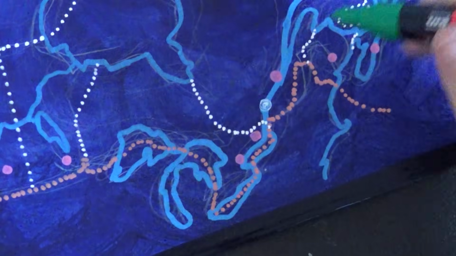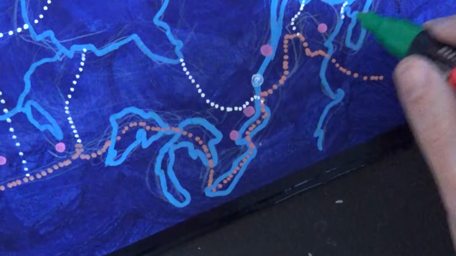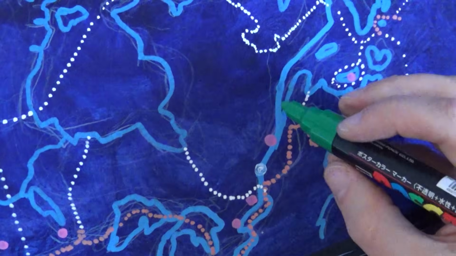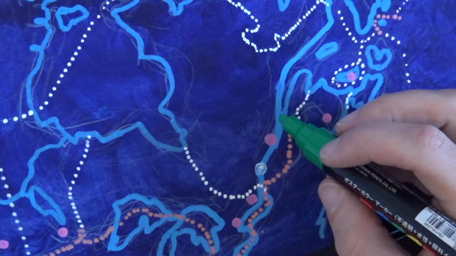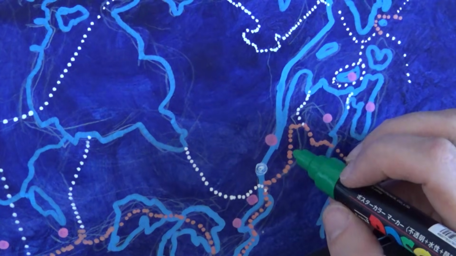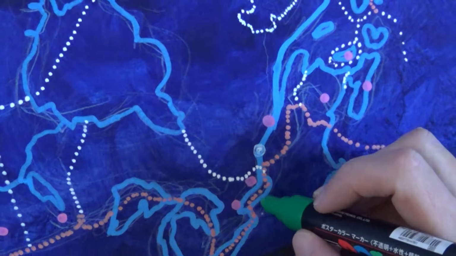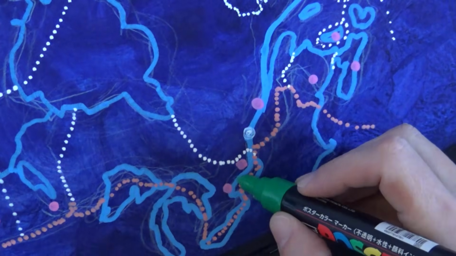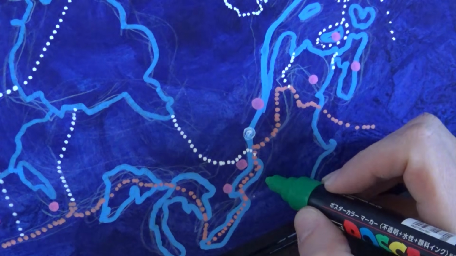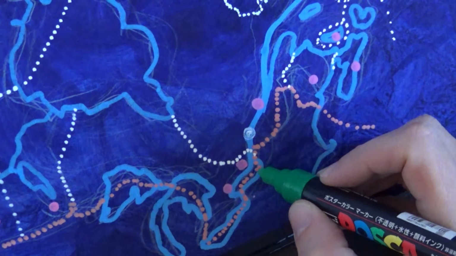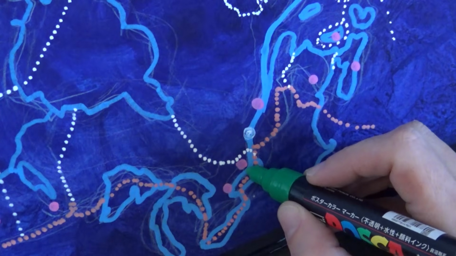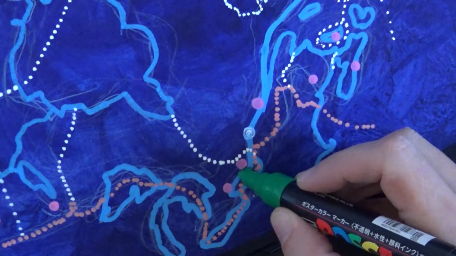I'll show you one national park to the east as well. We have Thousand Islands National Park in Ontario. Close to Ottawa.